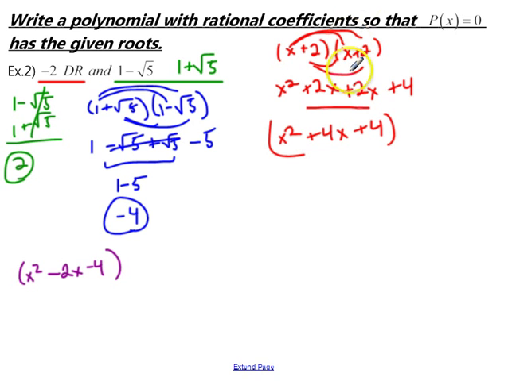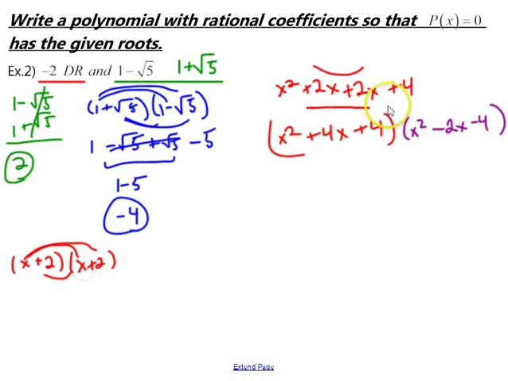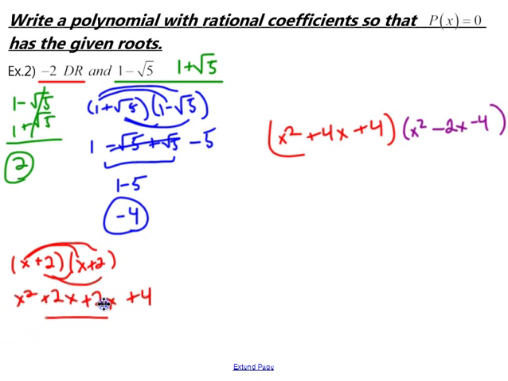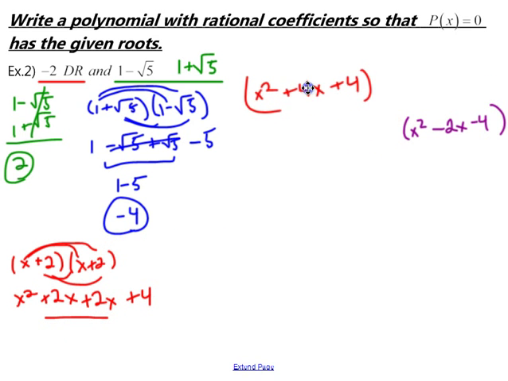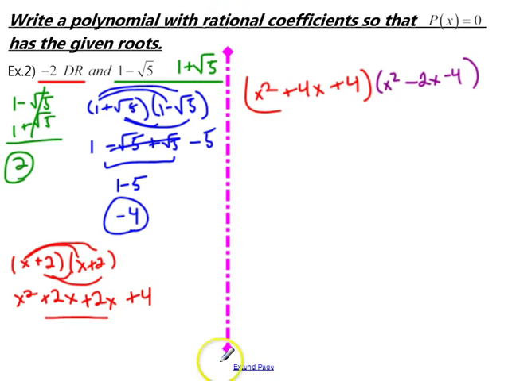Now we want to take these two trinomials, this one from our double root of negative 2 and this one from our conjugate roots, and multiply those together. Before we start multiplying, I'm just going to move some of these around so that I have a little more space to work. So when I move that down here, we really want to focus on these two trinomials. I made a little dividing line to keep my work separate.